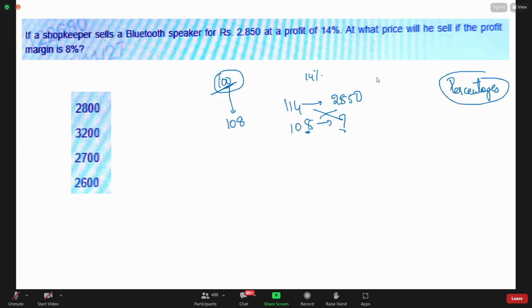See, this becomes very easy once we start understanding the concepts. So 108 into 2850 by 114. Very good. 2,700 is good. Sakshi Sinha 590, Vinod Reddy, Chari 507.